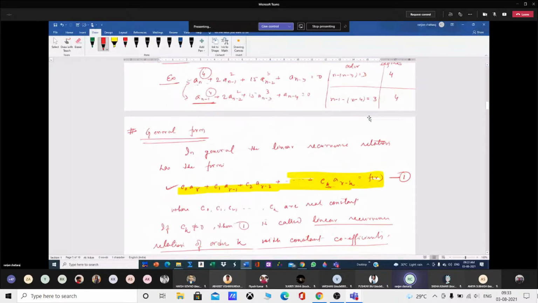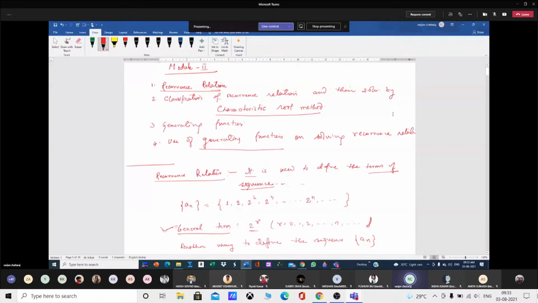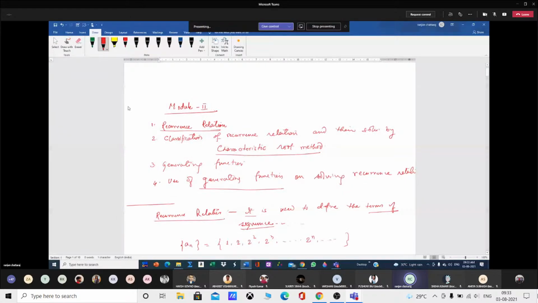You see here, it is the classification of recurrence relations. That means homogeneous and non-homogeneous recurrence relations, and their solution by the characteristic roots method.